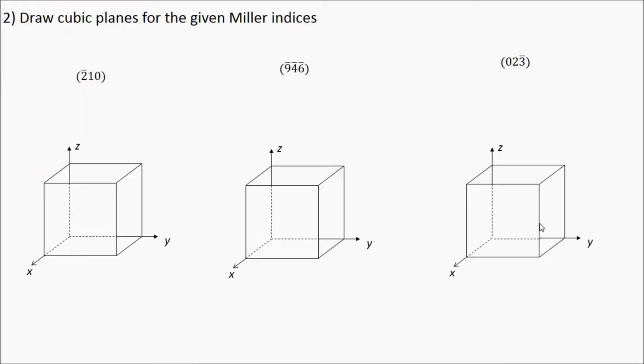Next. For this one, Miller indices are given and I have to draw planes. So it is the complete opposite.